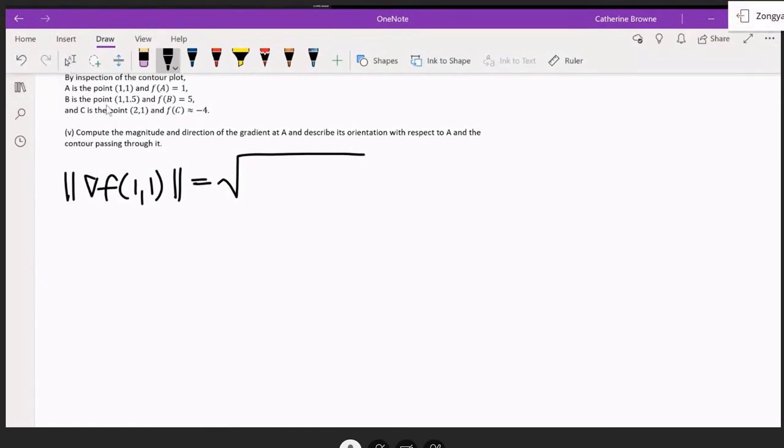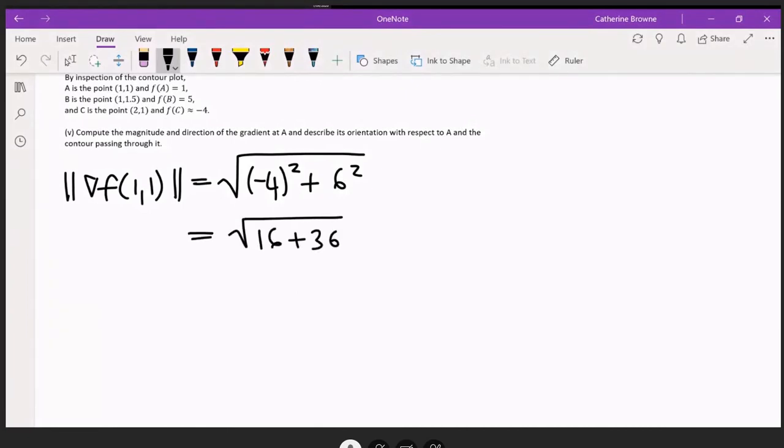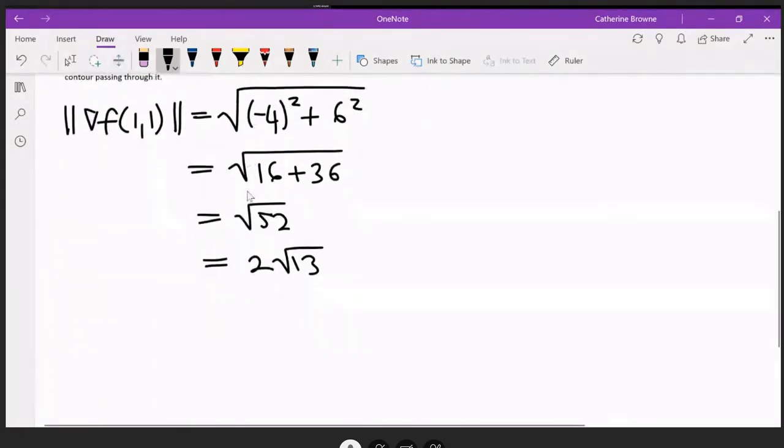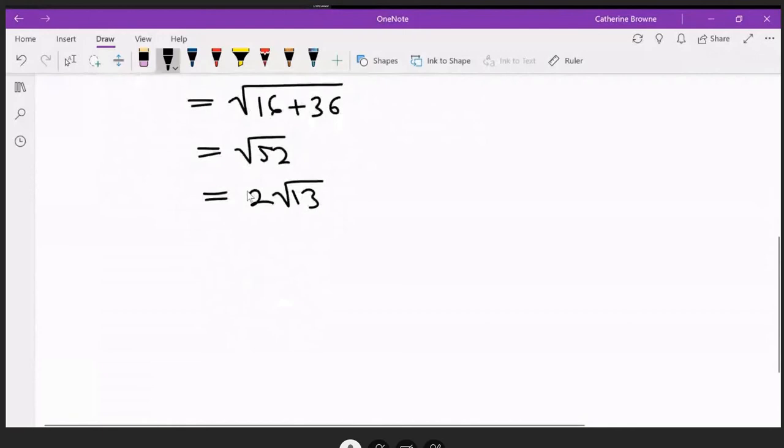That's 16 plus 36, or root 52, which I've simplified to 2 root 13. That's the magnitude, but we also want to find the direction.